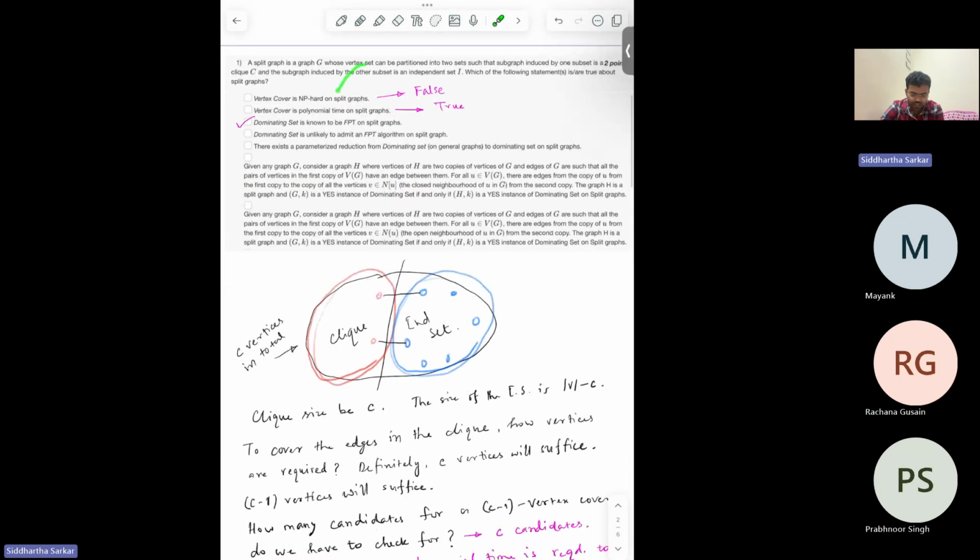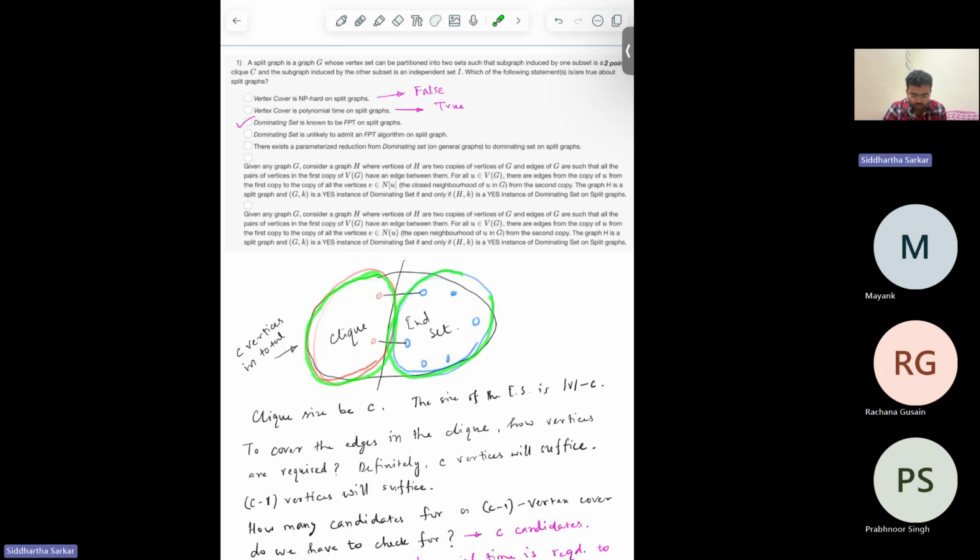So now this whole question is asking whether the dominating set on split graphs... What are split graphs? What is a split graph? A split graph is a graph where the vertex set can be partitioned into two parts.